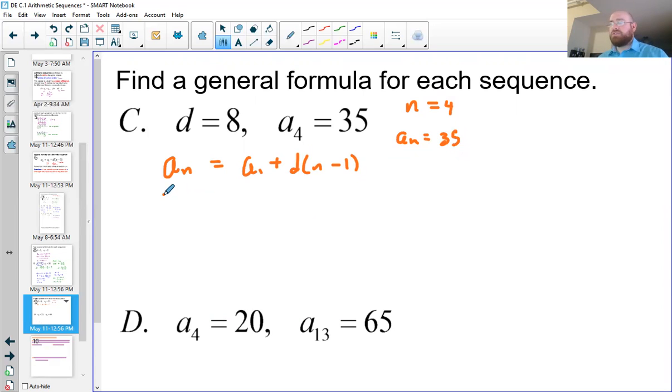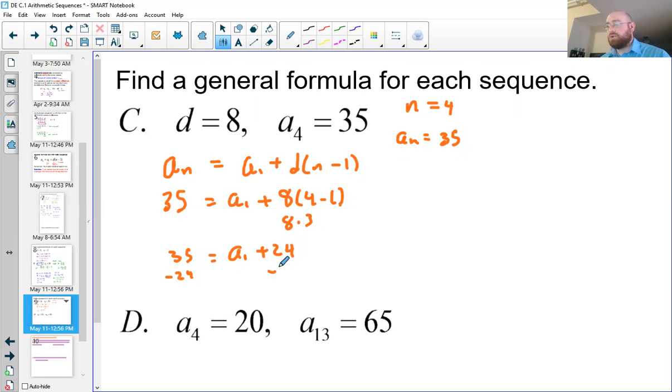So we can plug in 35 on the left side equals a1 plus 8 is our common difference, 4 minus 1. So 8 times 3 is 24. So we have a1 plus 24 is equal to 35. If I subtract 24 from both sides, 35 minus 24 is 11. We get over here, a1 is equal to 11.